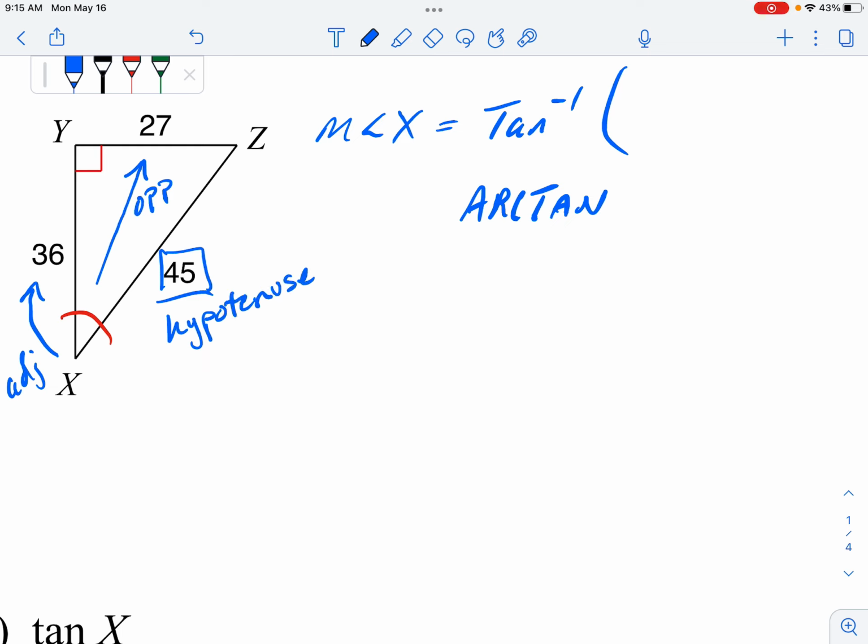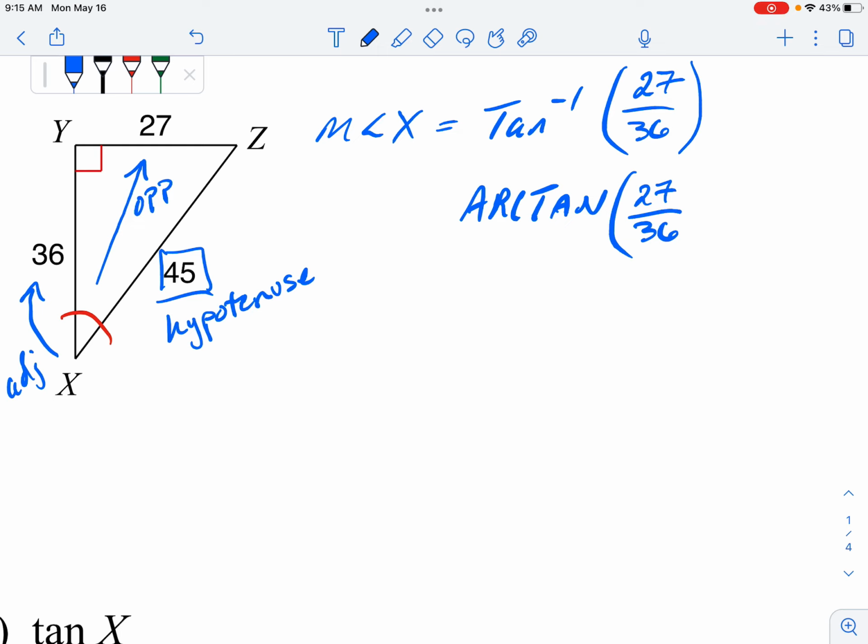Going back to our problem, the measure of angle x is equal to the inverse tangent of the opposite, 27, over the adjacent, which is 36. If your calculator says arctangent, it's the same thing, 27 over 36.